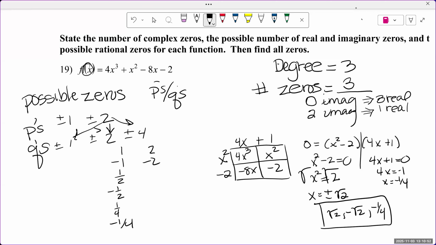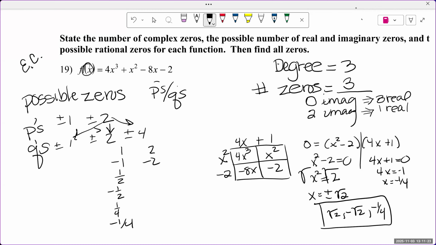Okay, so your question is, if you are coming in to take this test, is this really going to be on the test? If you're taking the online version, yes, expect to see this. If you're taking the in-person version, this does show up as one of the extra credit problems.